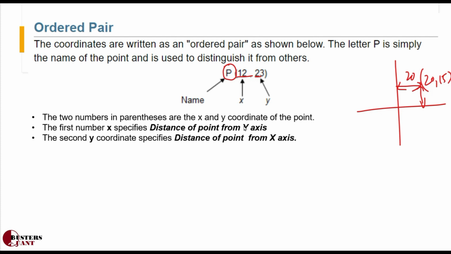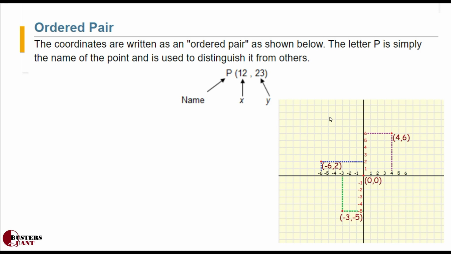So the x coordinate describes the distance from the y axis, and the y coordinate describes the distance of the point from the x axis. For example, here this is A. The 4 is the distance of the point from the y axis, and 6 is the distance of the point from the x axis.